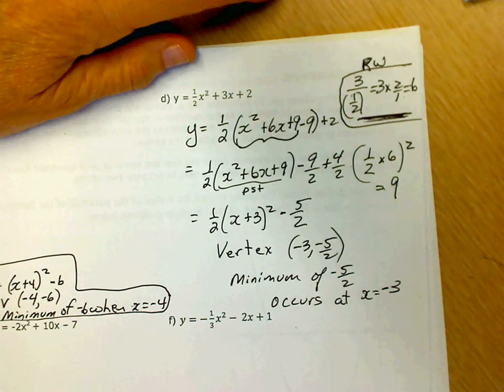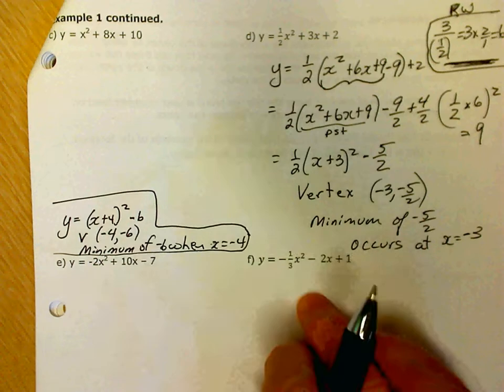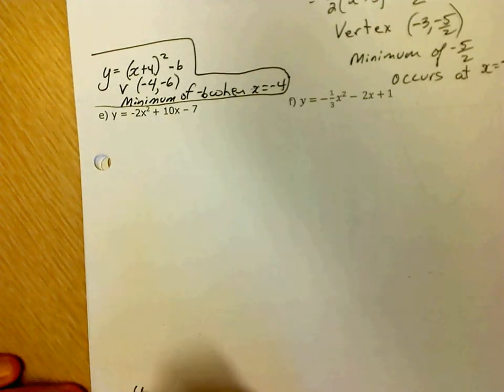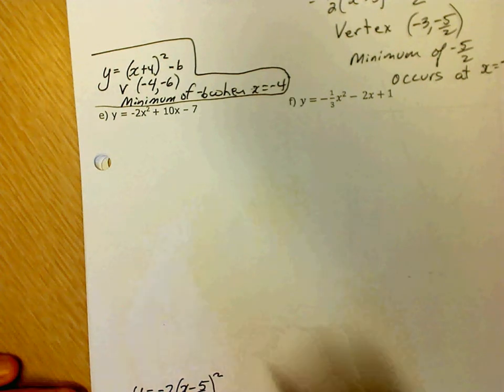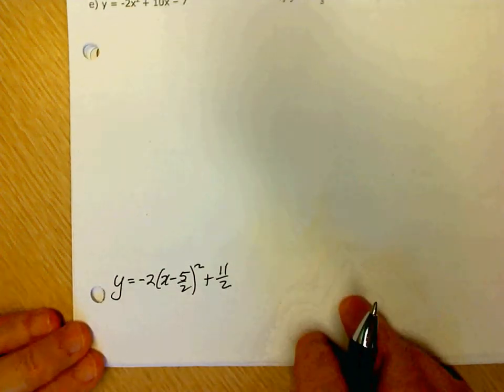Okay, so I'm going to give you the answer to this one, and I'm going to do this one. So the answer to this one is y equals negative 2 times x minus 5 over 2 squared plus 11 over 2. Thank you. Yeah, just keep me on track, okay?